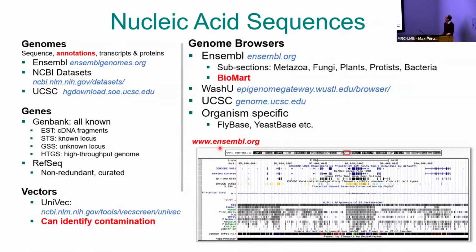There's also UCSC, the University of California, Santa Cruz, which is a genome database. It's very good again, and scores particularly well in comparative genomics. Something like the liftOver tool is available there, which lets you convert coordinates between one genome assembly and another.